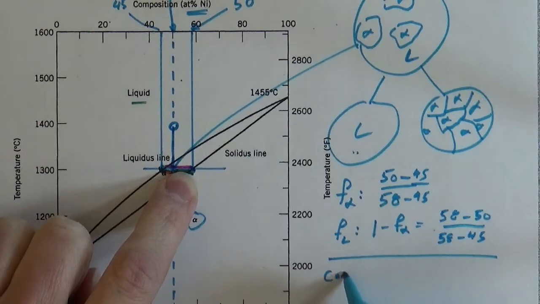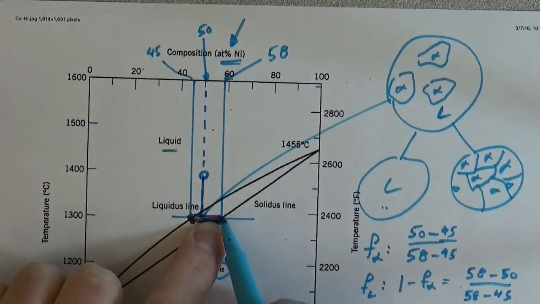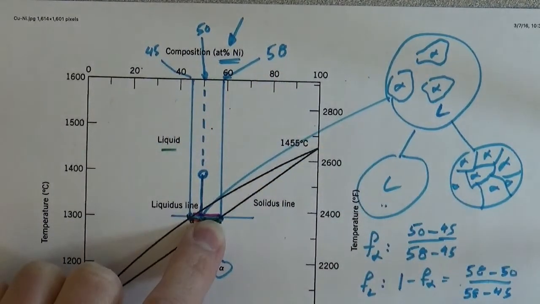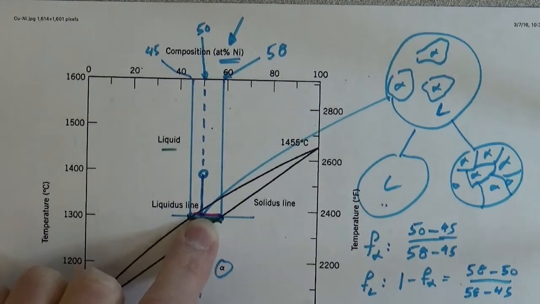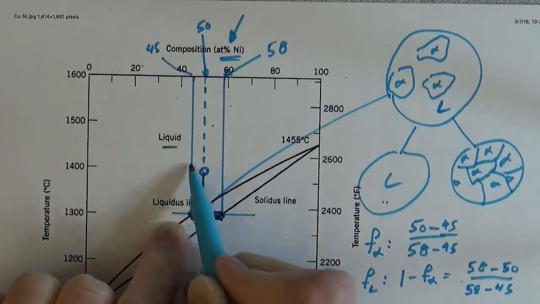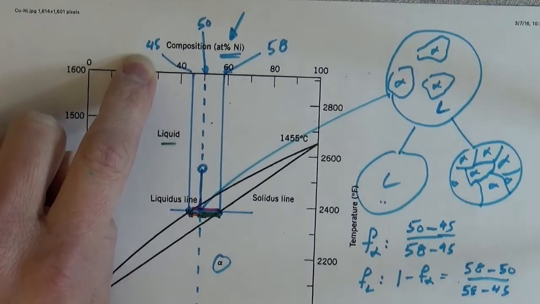So comp of alpha, and we just go up and read that, and it's 58 atomic percent Ni. And here's the composition of the liquid. So we read over here, draw the line over, draw it up, and that is 45 atomic percent nickel for the liquid and for the alpha.